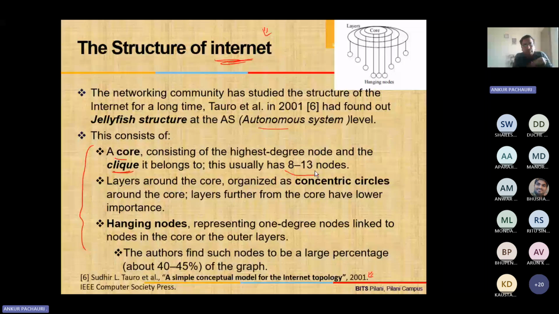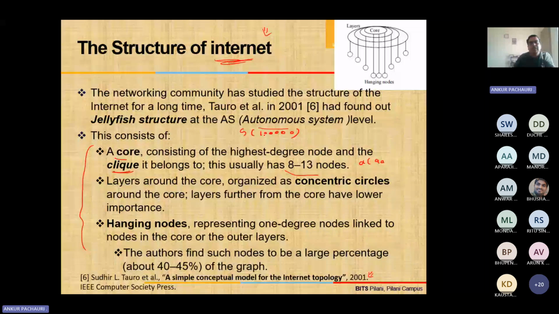So that means there were a smaller number of nodes having the highest degree. Suppose, for example, the graph was of 1 lakh nodes, then there were 8 to 13 nodes having degree 99,000, or we can say 90,000.